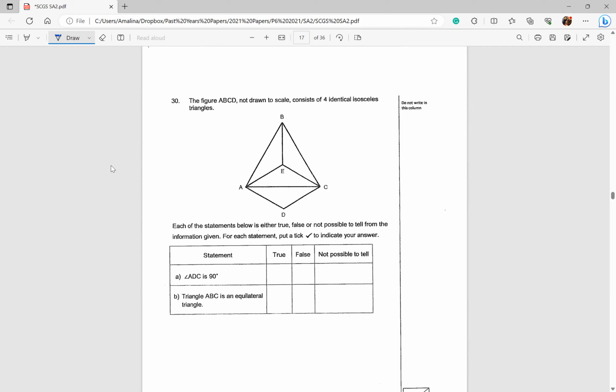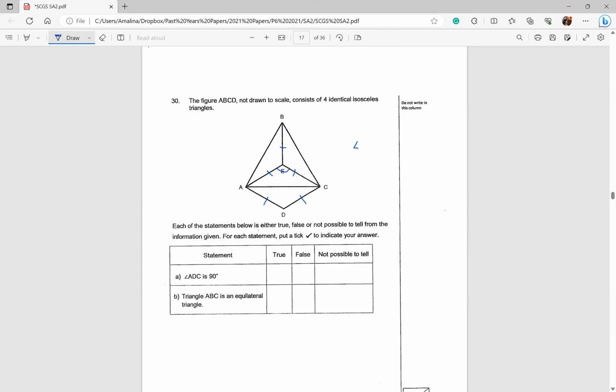Is it true? Now, if I look at this, these are isosceles triangles. So we will mark out all those similar sides. Okay, all these sides are the same. If I want to find angle ADC, this angle is the same as your angle AEC. Correct?